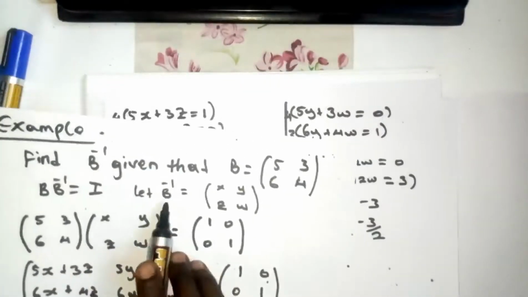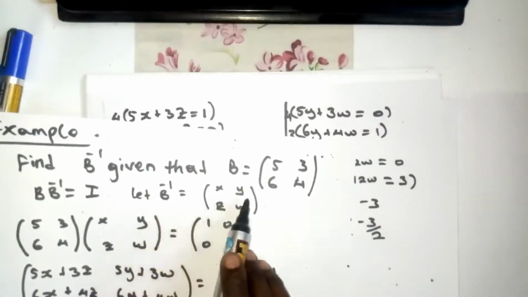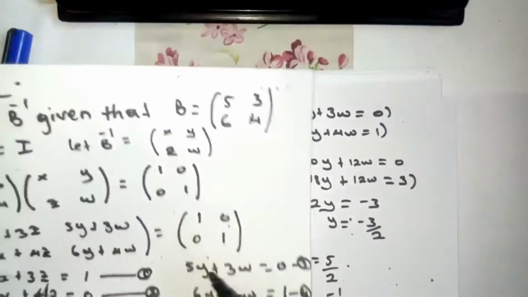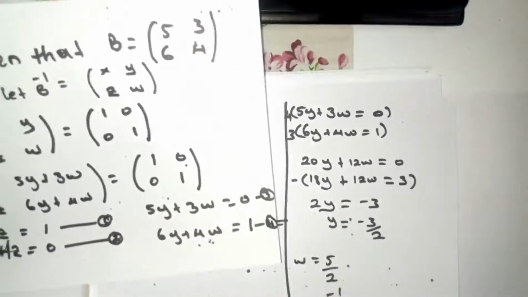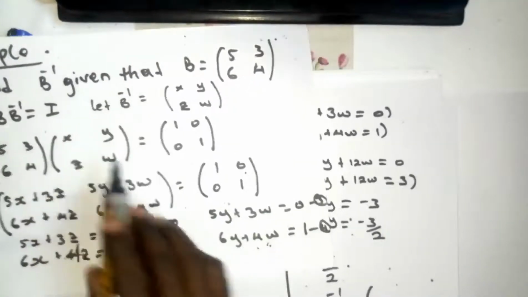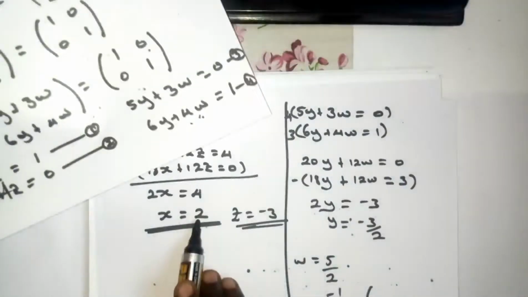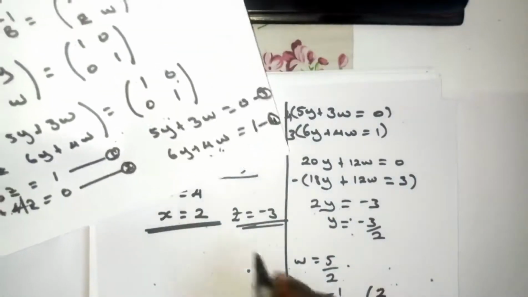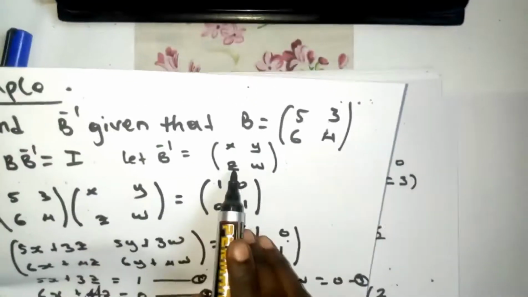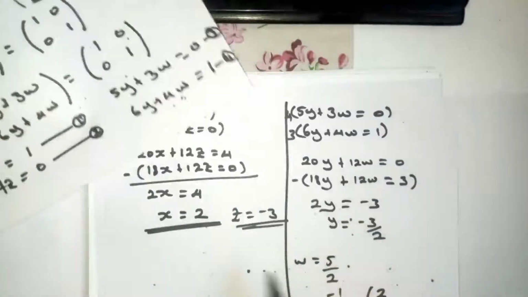So the inverse is going to become, I'm going to look for the different positions where I have x, I put the value of x, and the value of x we got is 2. Where I have z, here I put the value of z, which is negative 3.